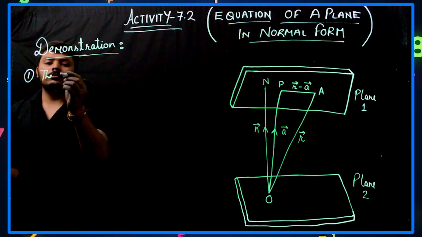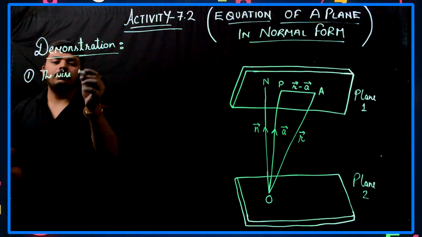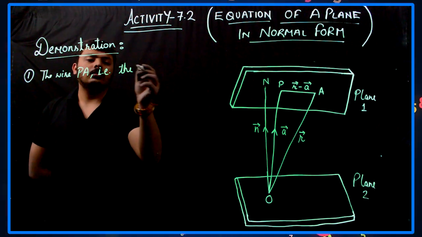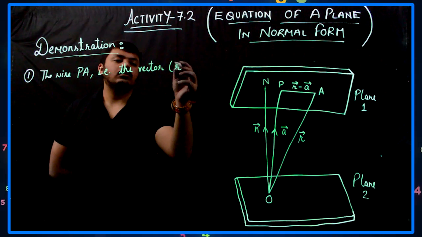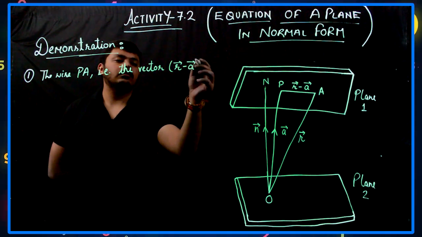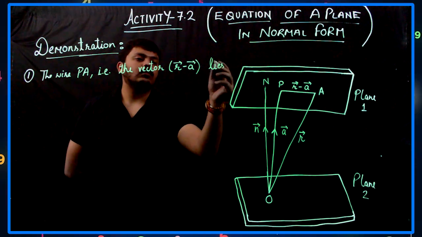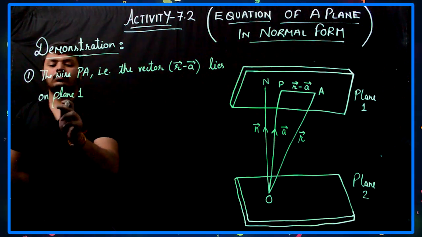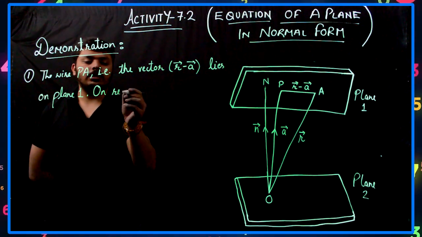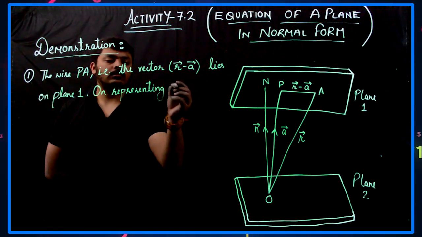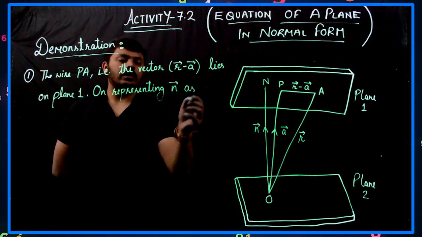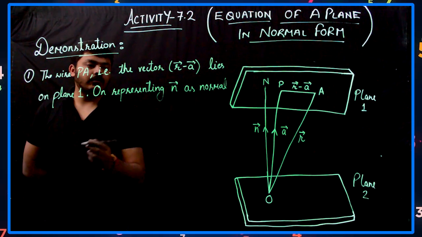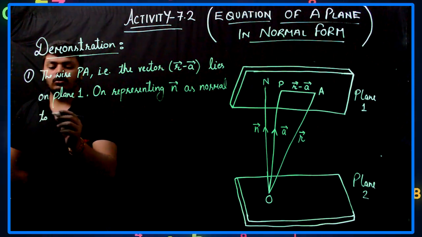First, the wire PA, that is the vector R minus vector A, lies on plane 1, with n vector representing the normal to plane 1.